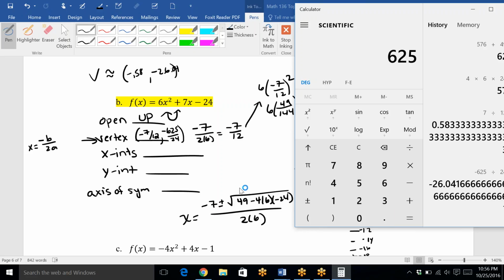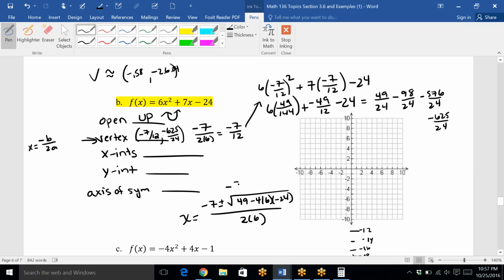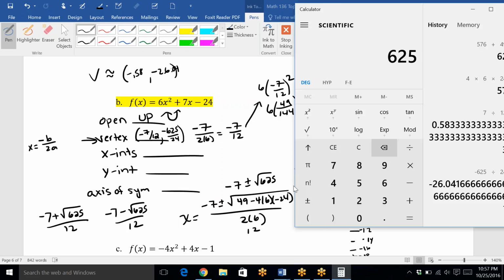So that's 625. Oh, maybe this did factor. So that's negative 7 plus or minus the square root of 625 on top, all over 12 on the bottom. So that's negative 7 plus square root of 625 over 12, and negative 7 minus square root of 625 over 12. Now, does 625 actually factor?